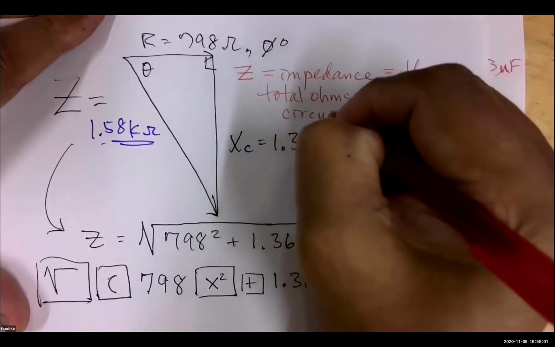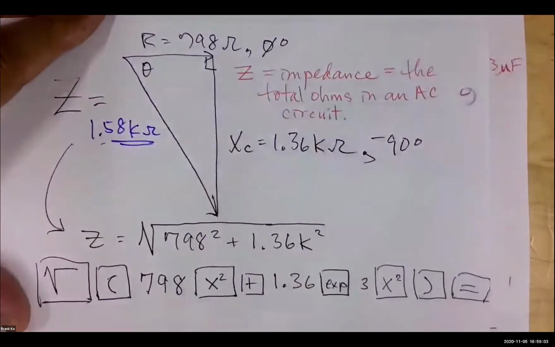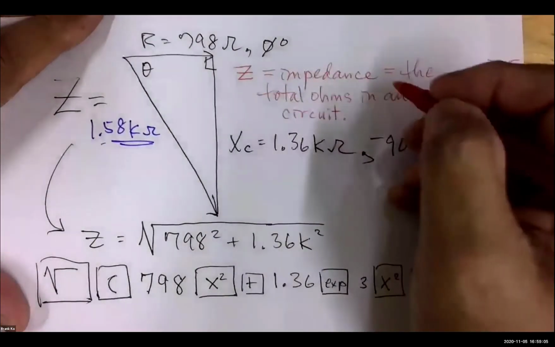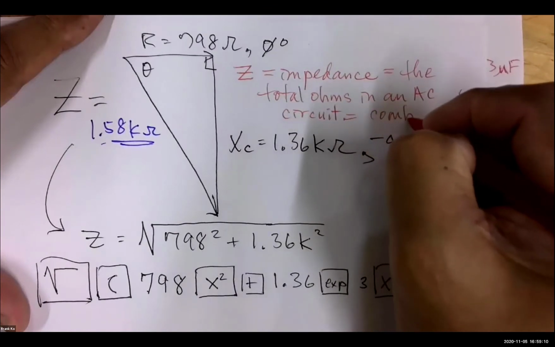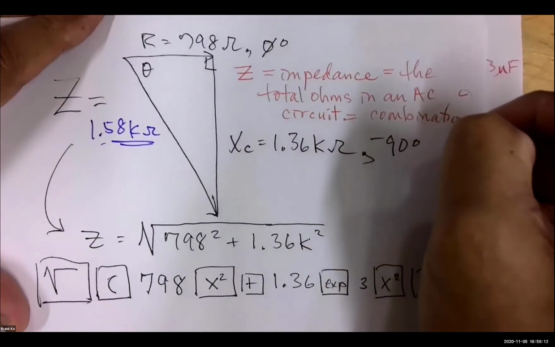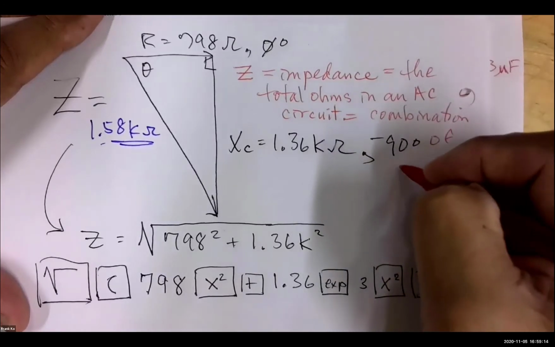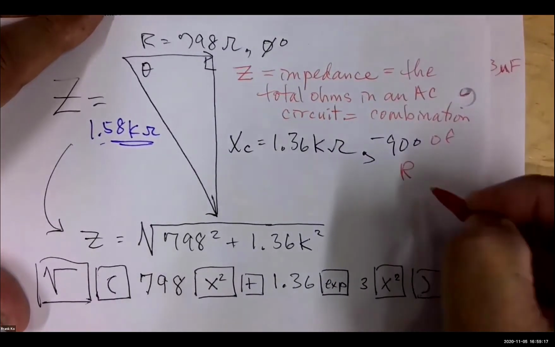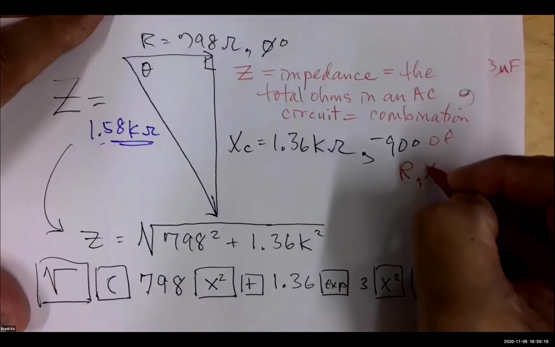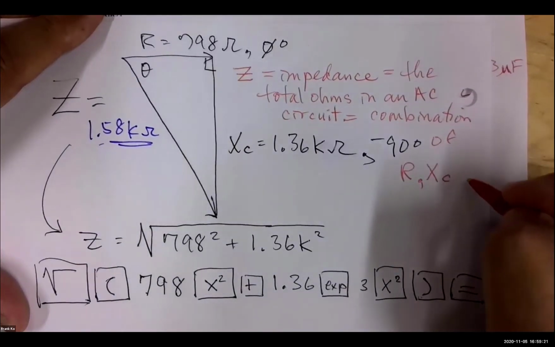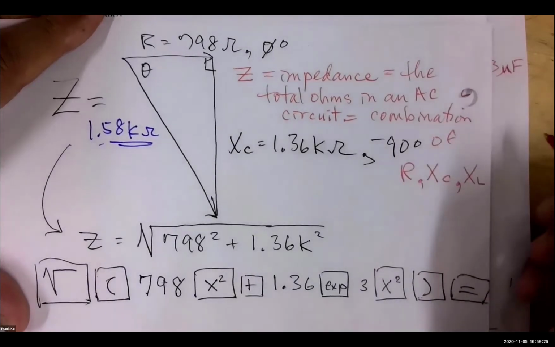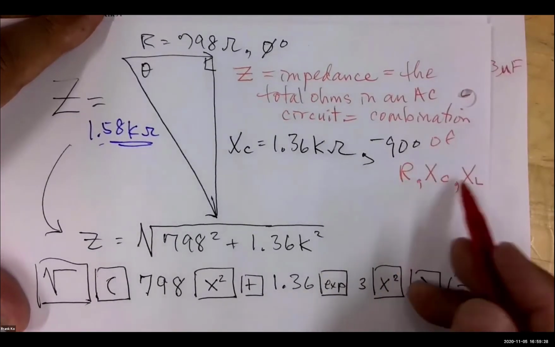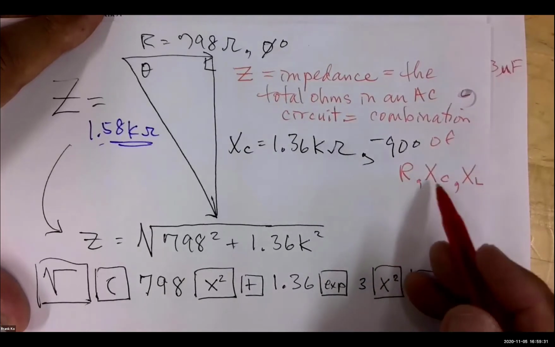Total ohms, period. That's it, the total ohms. It is a combination of R as one component, X sub C as another component, and this next week we'll introduce you to X sub L. So any combination of those total ohms will be called impedance.